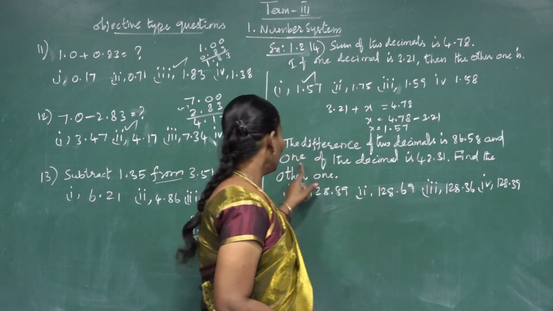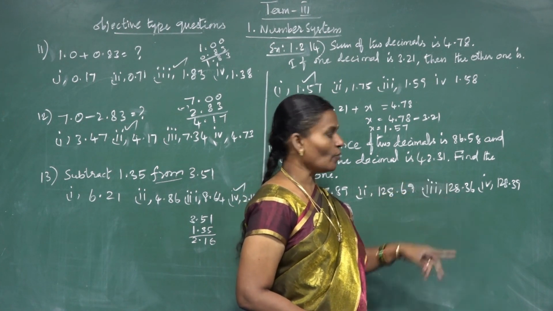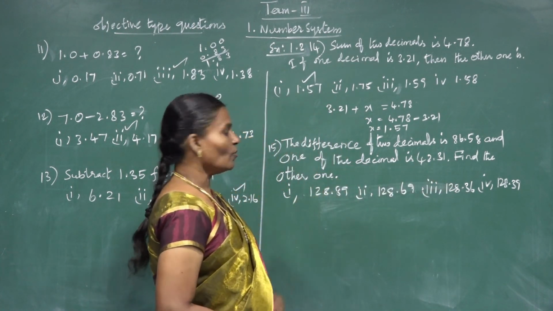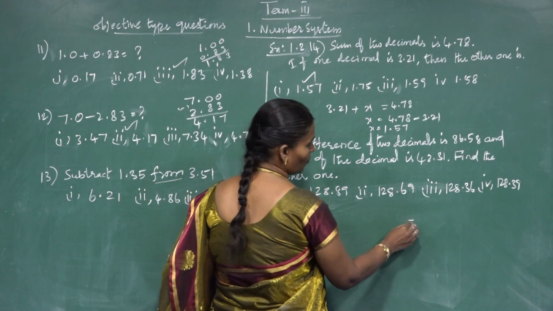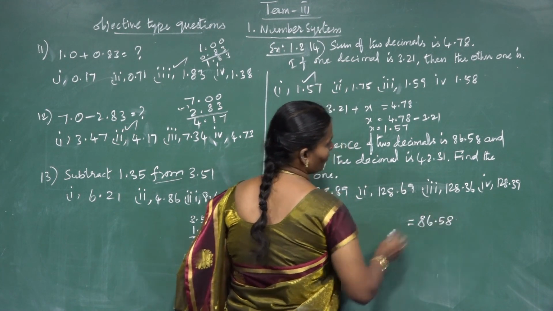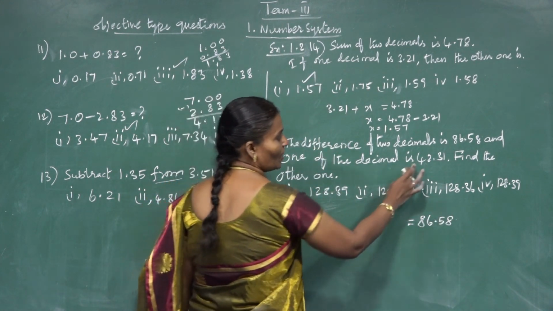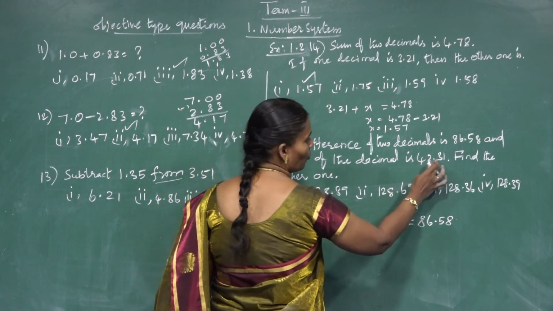The difference of two decimals is 86.58 and one of the decimals is 42.31. Find the other one. Okay, so what is given here? The result is 86.58. The one number is 42.31. So definitely this is the smaller number.